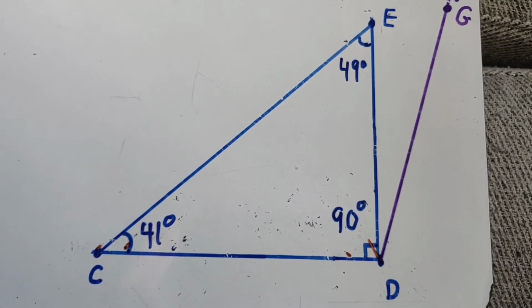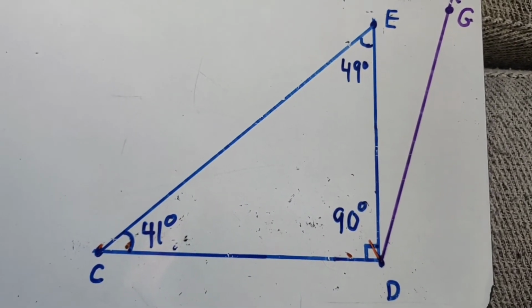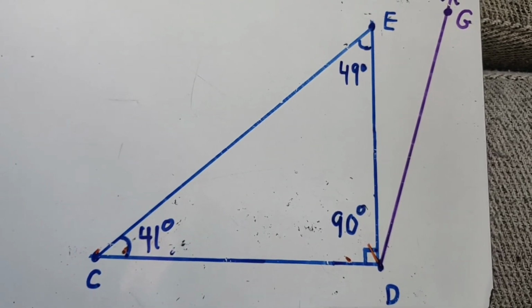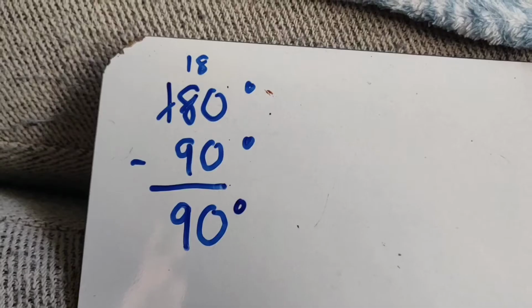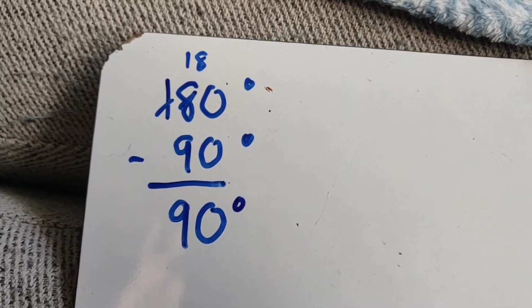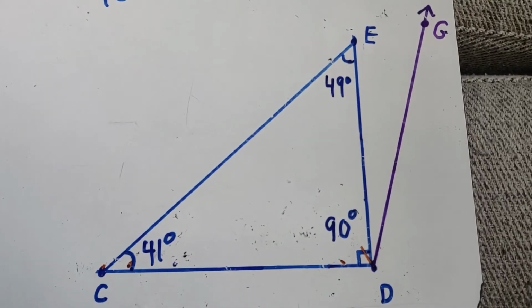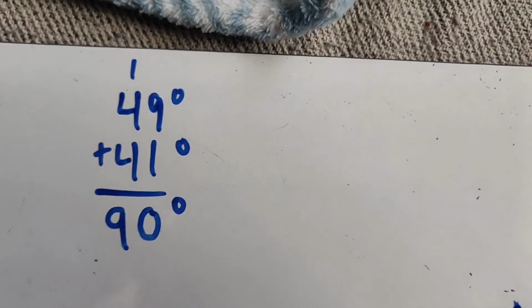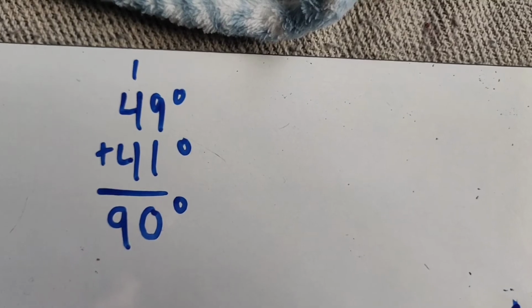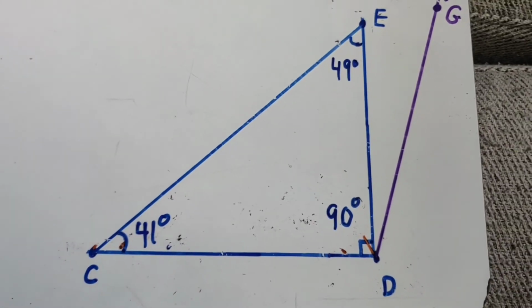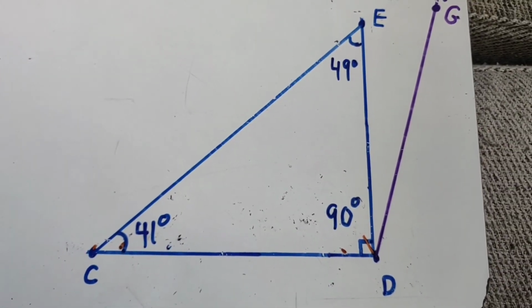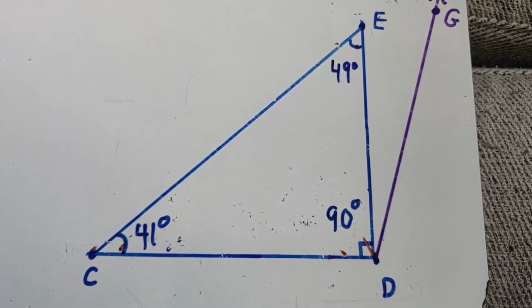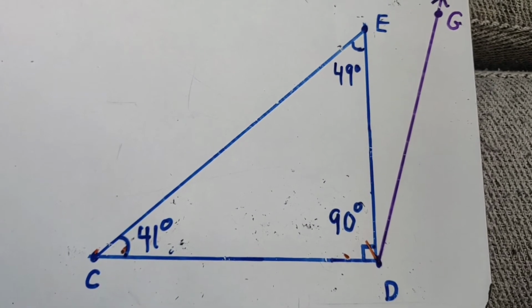So let's see if angle DCE plus angle CED does equal 90 degrees. Like I said, I thought it would. Well, 41 degrees plus 49 degrees does equal 90 degrees. And this shouldn't surprise you because I told you that in any triangle, when you add all three angles together, it should be 180 degrees.